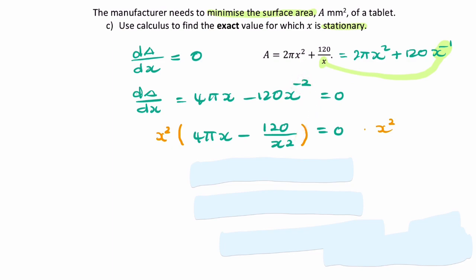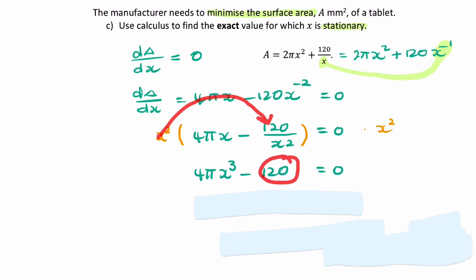And again, we don't like to have x in the denominator. So if you multiply both sides by x squared, that will cancel out. So x squared times 4 pi x will give me 4 pi x cubed. And then x squared times 120 over x squared is just 120. And x squared times 0 is 0.